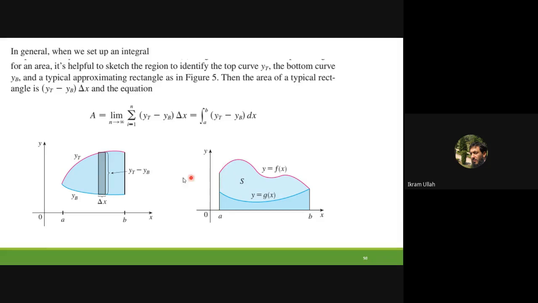This means the points of intersection of these top and bottom curves. So for this, we have to firstly determine the vertical lines x is equal to a and x is equal to b.